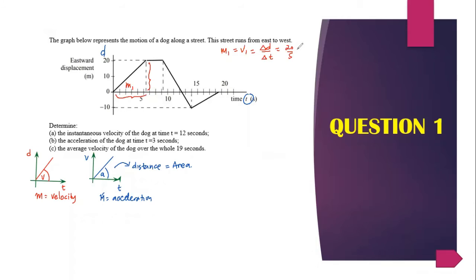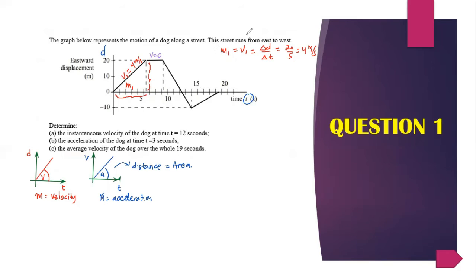So the first gradient is 4 meter per second, the first velocity is 4 meter per second. Is it clear to you? The second here is rest. The second graph is taking rest, so the velocity here is 0.